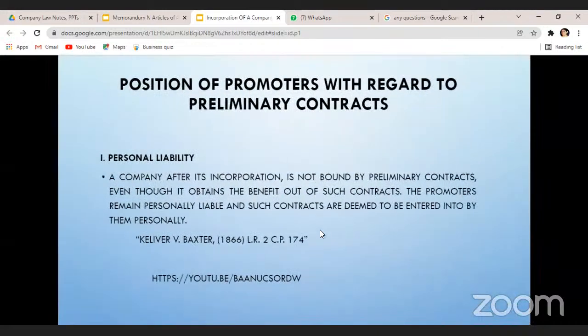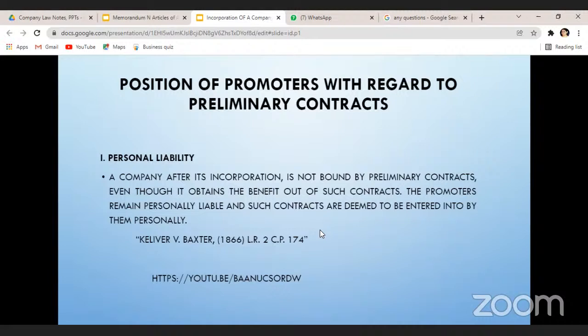Then what about the contractors who entered into a contract with this promoter? So there arises the promoter's responsibility. What is that? First one is personal liability. Who is liable personally? The promoter, because the company is not liable for the preliminary contracts, right? So then who is liable?